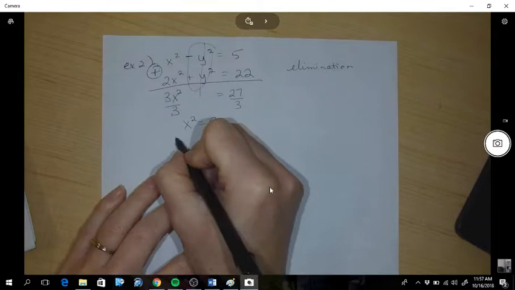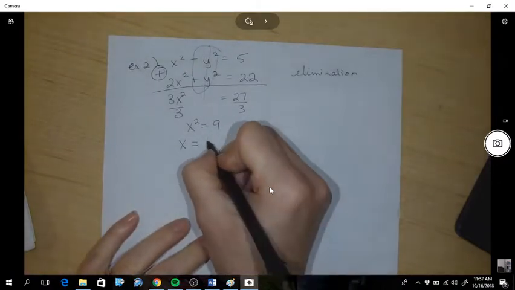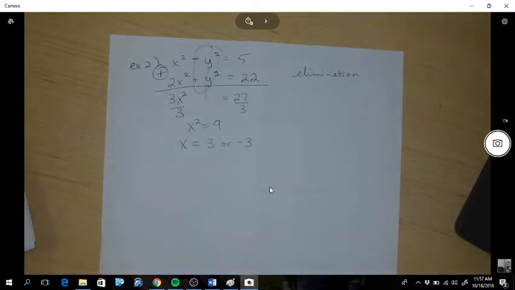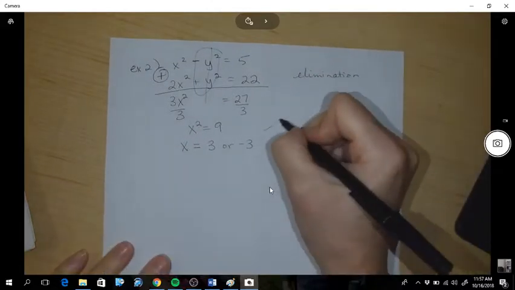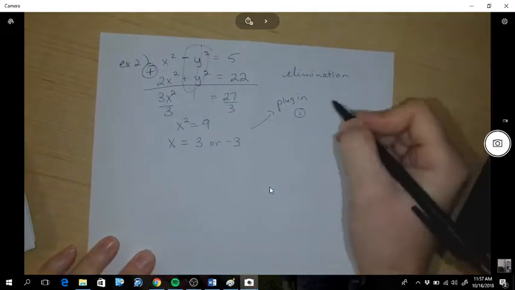So therefore x equals, now here's the trick, I could have 3 squared to get me 9, or -3 squared to get me 9. So I have two solutions for x. Okay, now let's figure out what y is going to be. So I'm going to plug in. Let's pick equation 1.